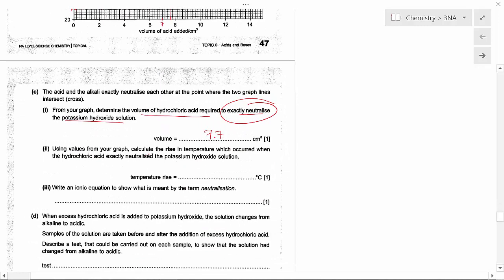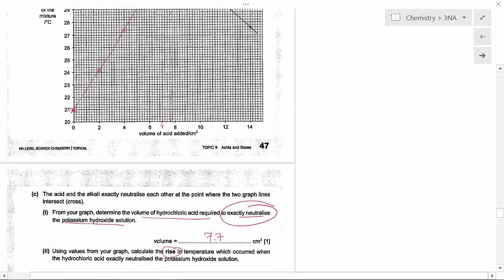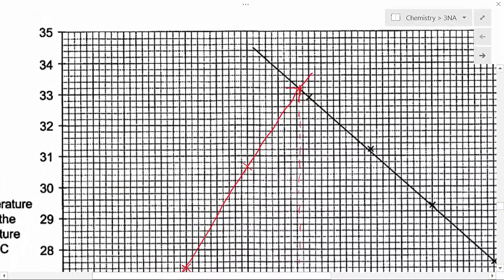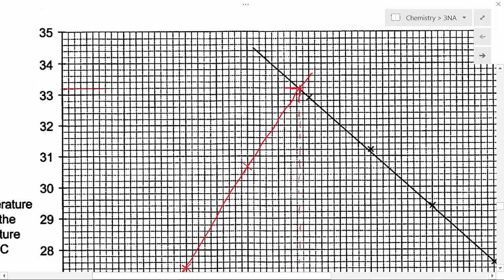Also, use the values on the graph to calculate the rise in temperature which occurs. Now first of all, what is the temperature at that point? The temperature is here, to a dotted line. It is 33.2.